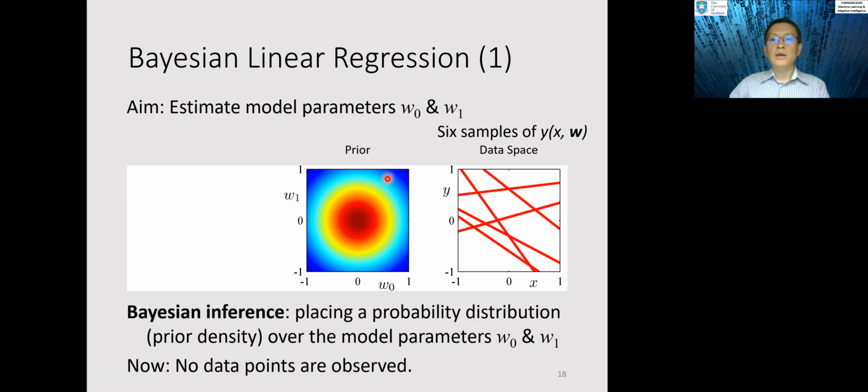If we sample this distribution, suppose we sample six pairs of W0 and W1, they will generate 6 lines in the data space of X and Y. Right? Each pair of W0 and W1 will determine one line in the data space of X and Y.